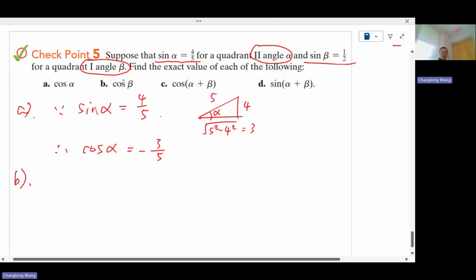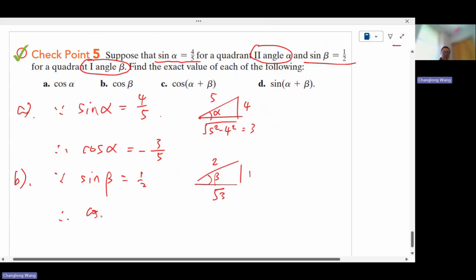So now, guess what? Letter B, the cosine beta is going to work out even better since it's an acute angle, right? So let's say since sine beta is 1/2, if you draw the right triangle, this is beta, opposite is 1, hypotenuse 2, adjacent is radical 3, right?